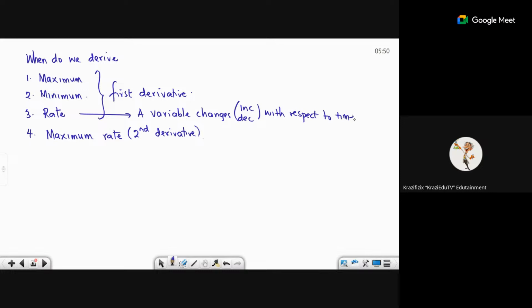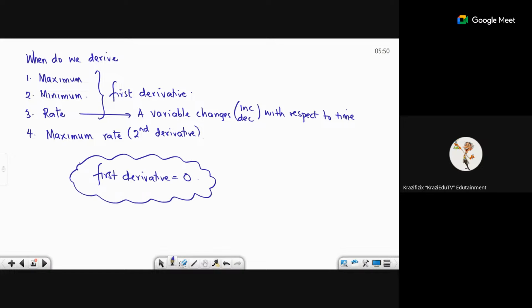Example, if I say the velocity, the speed or the distance is increasing or decreasing with time, those are the things you should be looking for. Definitely, you know that our first derivative is your key there, because we're talking about turning point and stationary point.